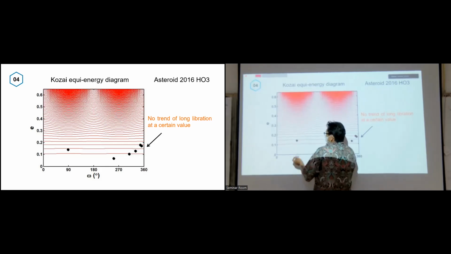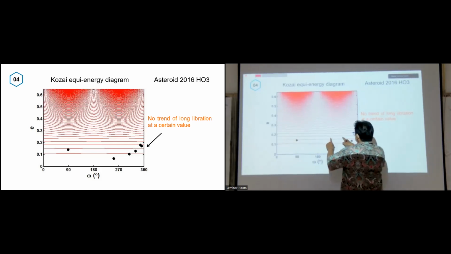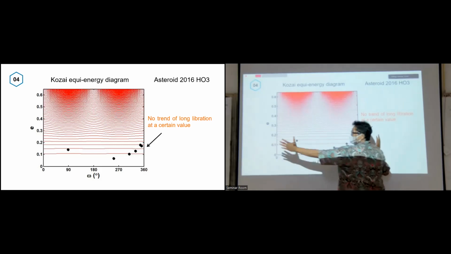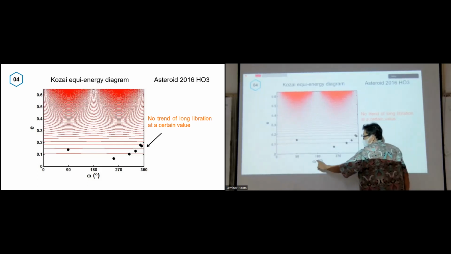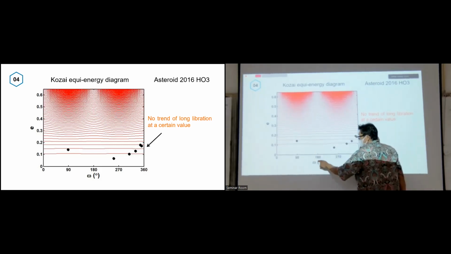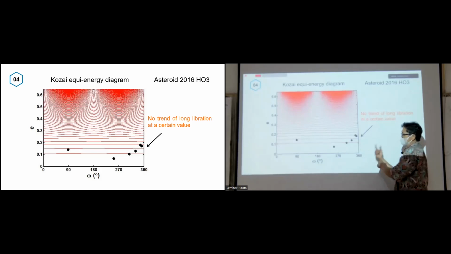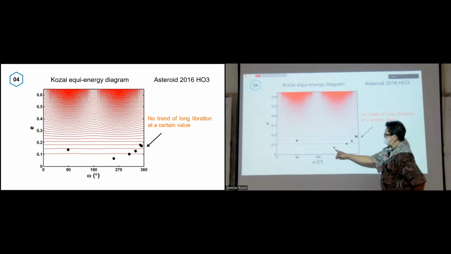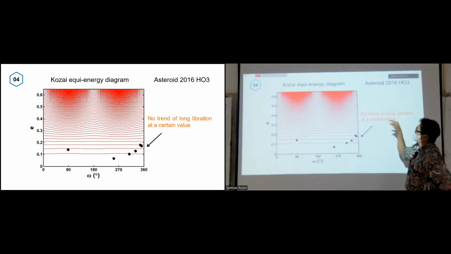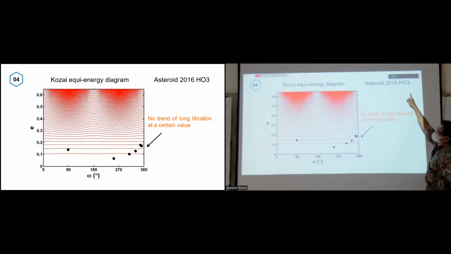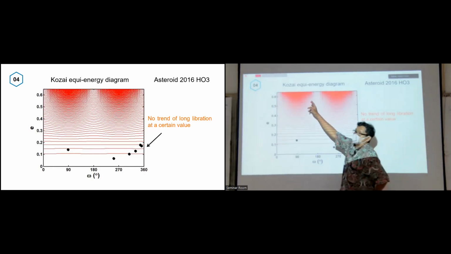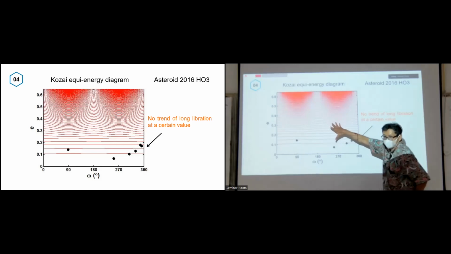If the object falls on this line, it can have a value of small omega freely from 0 to 360, circling. So the red dot here is the object itself. The object itself is not in quasi-resonance from this diagram.